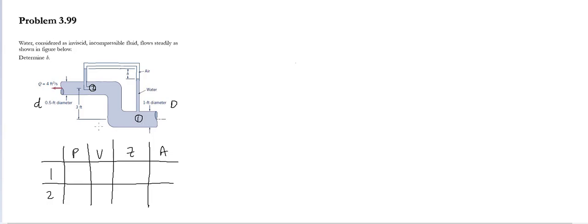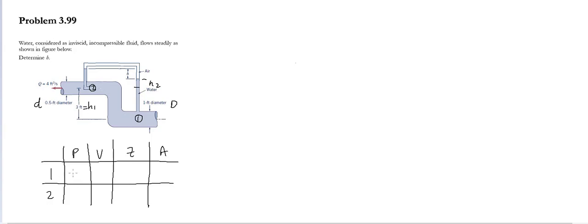We have different elevations. So we're going to take this one to be H1. And then notice that we have this elevation from here to here to be H2. Okay? And that's what we're going to use.